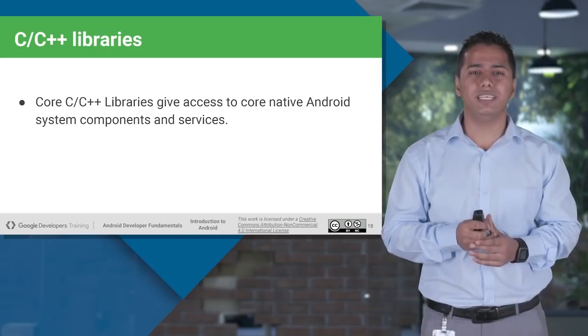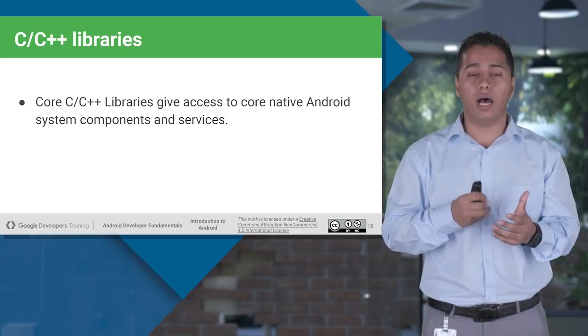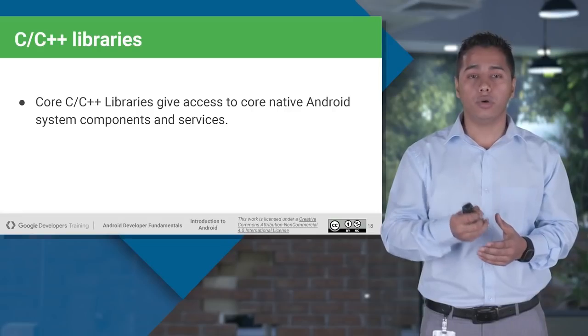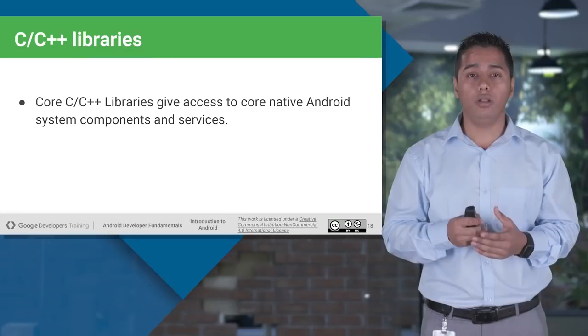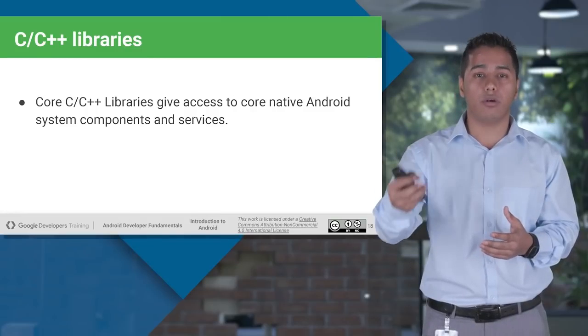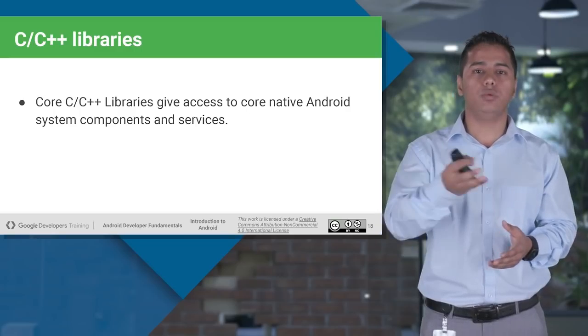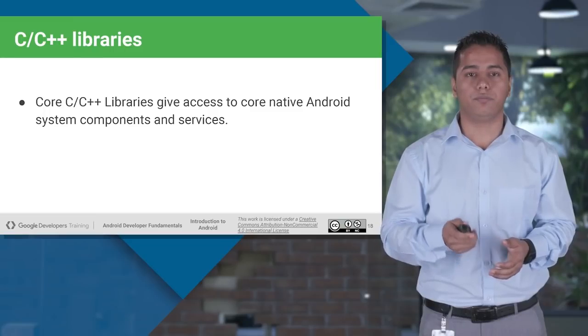What exactly do the C and C++ libraries contain? They contain high-end libraries like graphics libraries, OpenGL ES, the Secure Sockets Layer, SSL, and WebKit. All those libraries which are very hard to write in Java and easy to write in C and C++ you will find in the C and C++ or native library section.